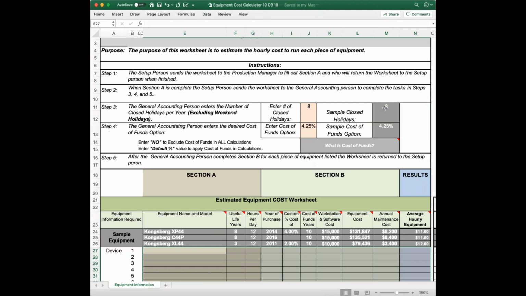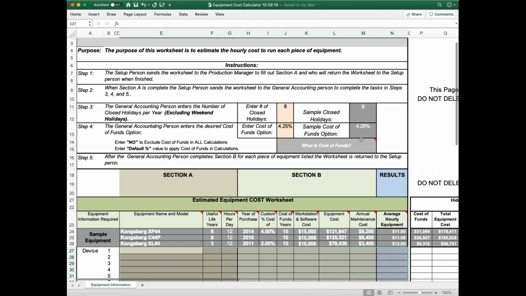So the example was that there are 8 days that business is closed for holidays, excluding weekend ones. And we've said that the default cost of funds is 4.25%. Now, what do we mean by cost of funds? The cost of funds is, let me widen this out so you can see a little bit the whole note.